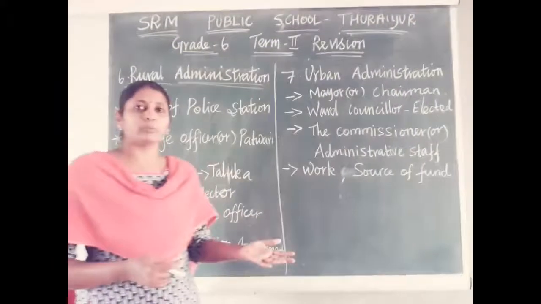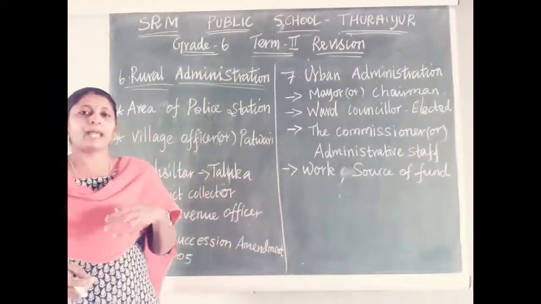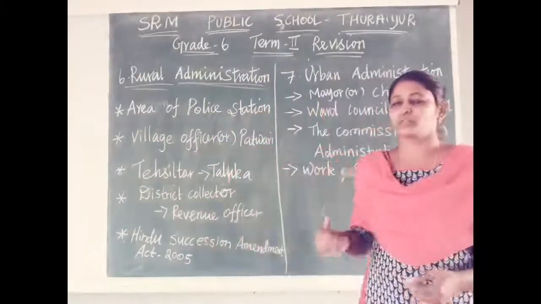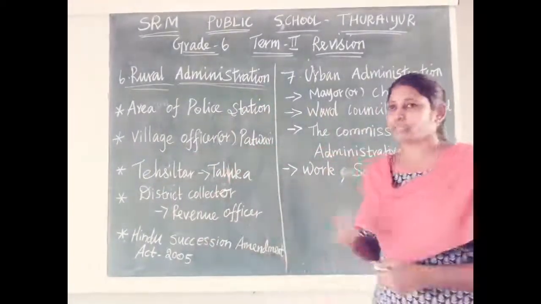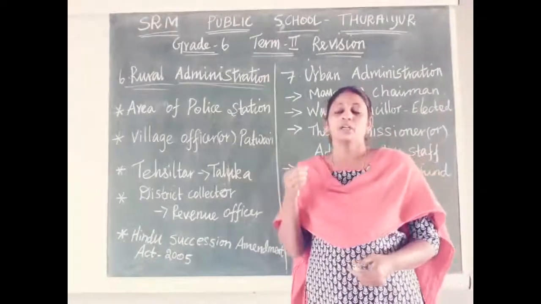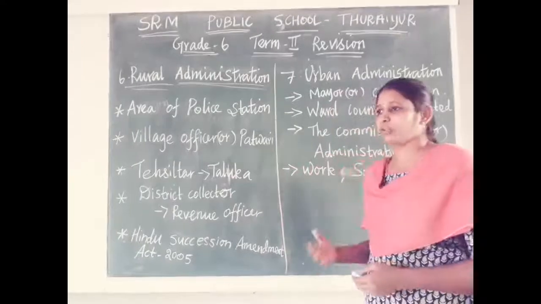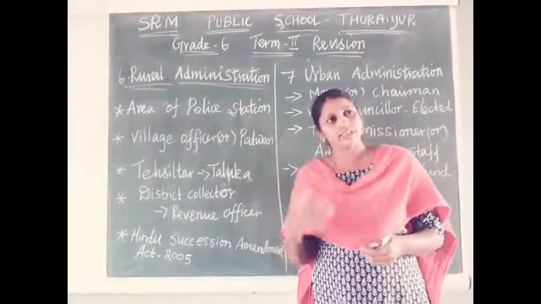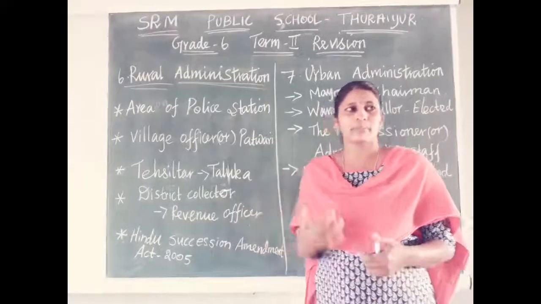So whenever we go to a police station planning to give a complaint, we are supposed to know the procedures. When we go to the police station, we have to fill in a form, first the FIR form. First they hear what our complaint is.